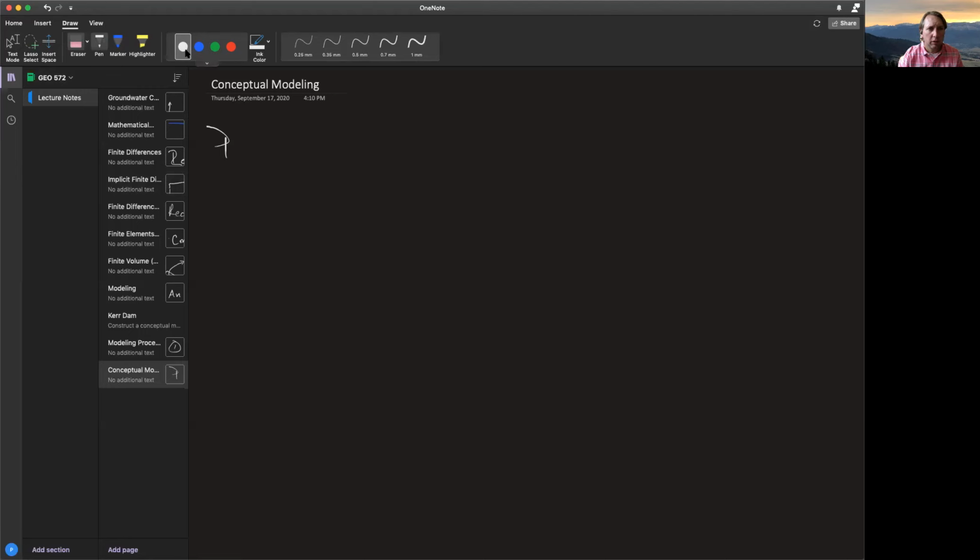See if I can scale this, go down here. And this goes for any kind of model. It's just general fundamental principles that I like to use when I'm modeling.